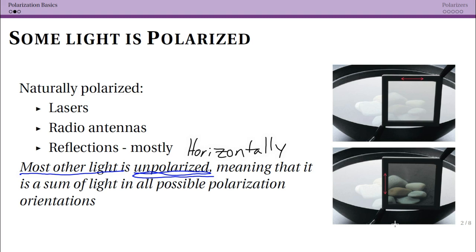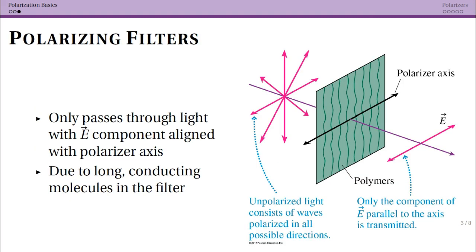So it isn't to say that it has no alignment of the electric field. It's just that you can imagine little pieces of the light, or basically a sum of a bunch of waves where the electric fields are in just random orientations. So this is basically a sum of all possible polarizations, not that there's no electric field whatsoever. So we'll talk about that a little more soon.